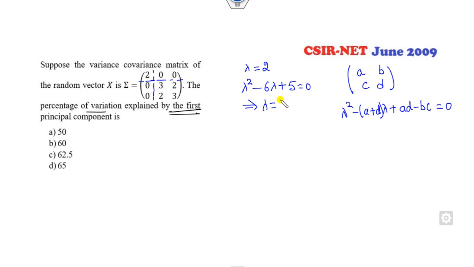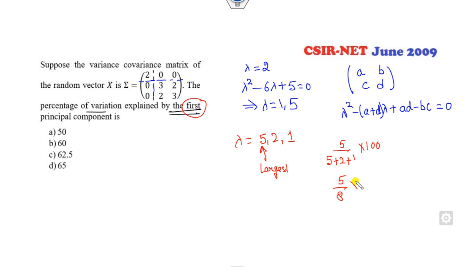From here you can find the eigenvalues as 1 and 5. So your eigenvalues are 5, 2 and 1. The first largest value is 5, so 5 over the sum 5 plus 2 plus 1, which is 5 over 8, times 100, which is 62.5. That is the right answer of the problem.